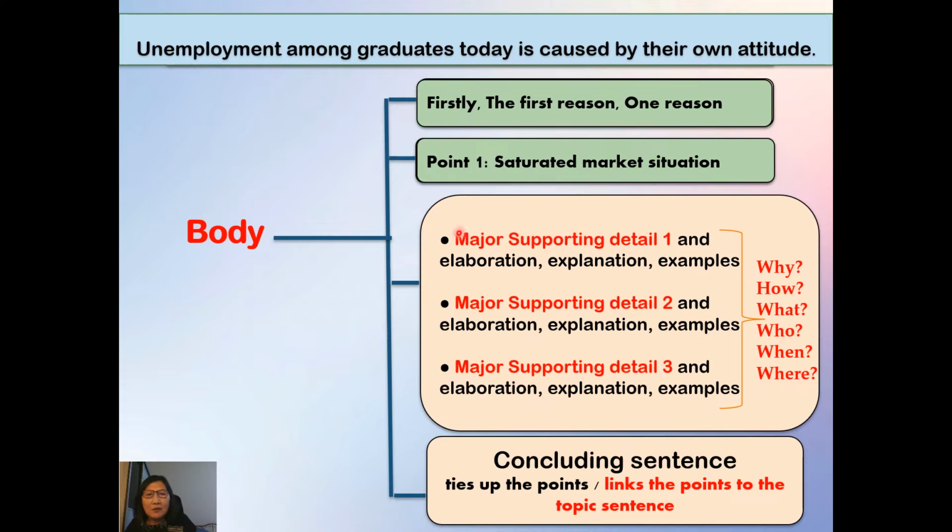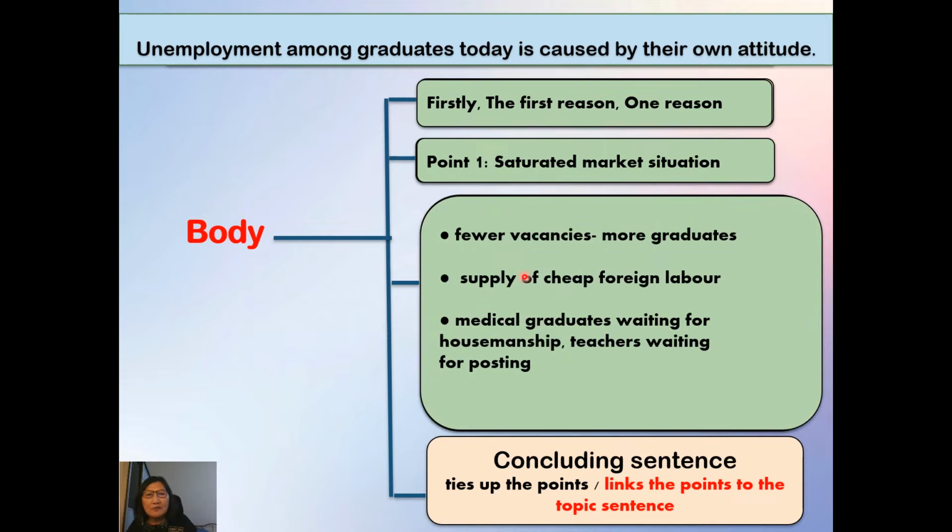Then we go to the major supporting details, where we provide 2 or 3 supporting details plus the examples here. For the first supporting detail, we are looking at the saturated market situation, so we can talk about fewer vacancies but more graduates. So this one will cause saturation in the market.